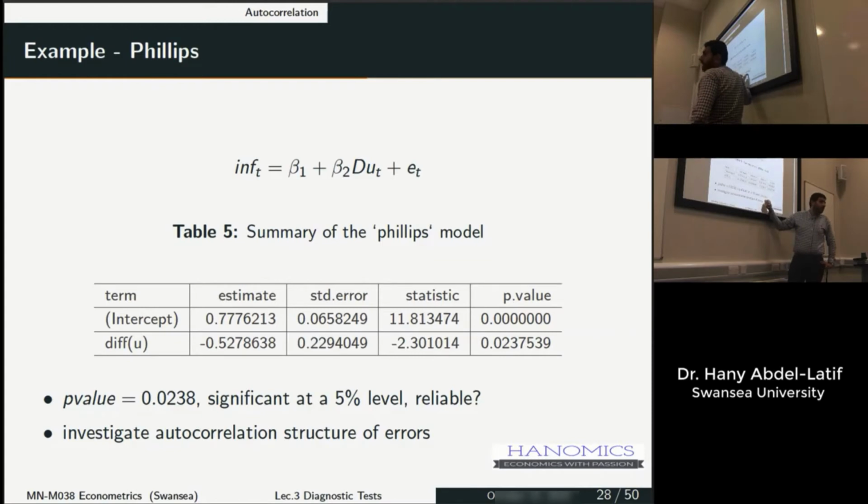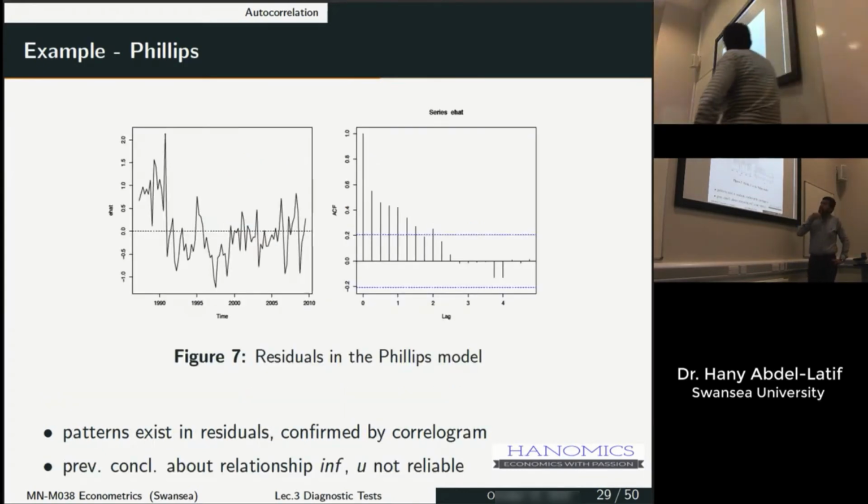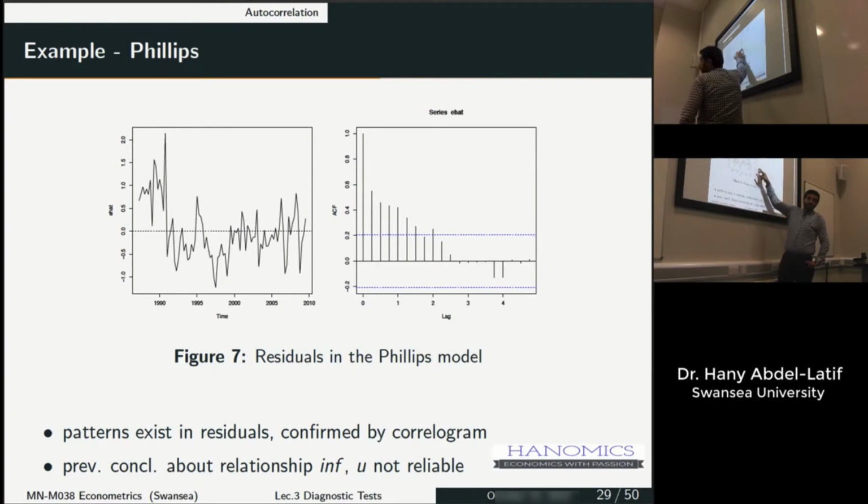But can we rely on that? Not yet, because we need to test for autocorrelation. So we need to look at the error from this model. Looking at the error here, it's likely we have autocorrelation.